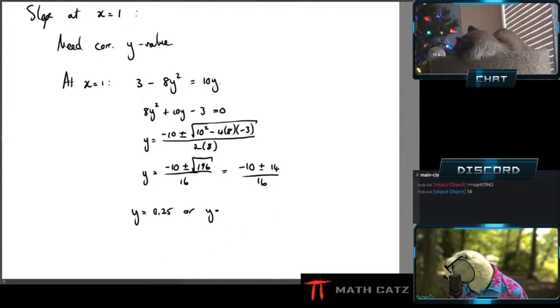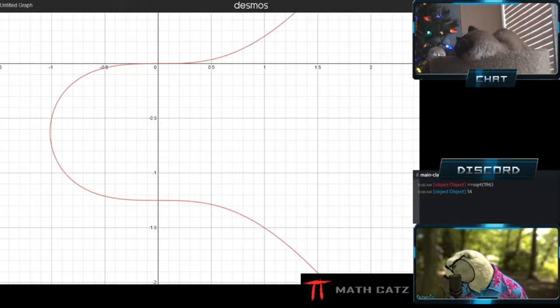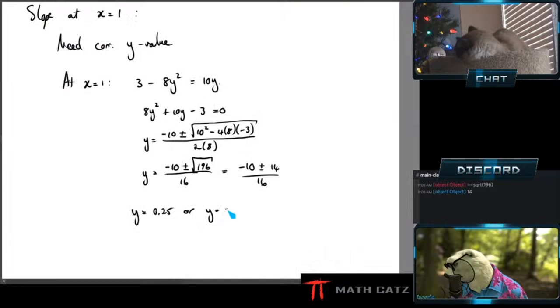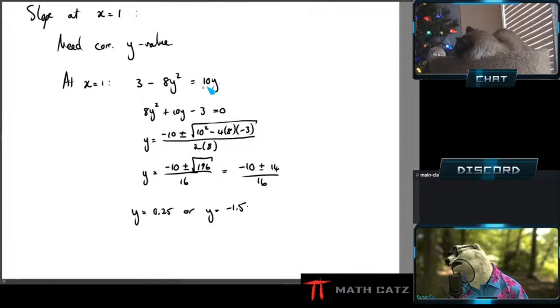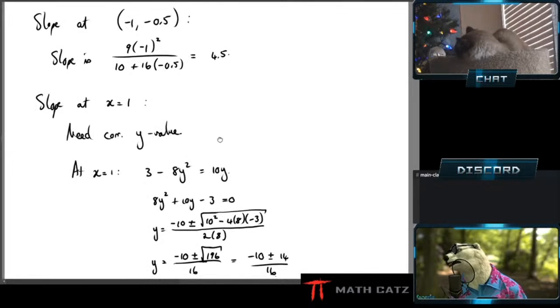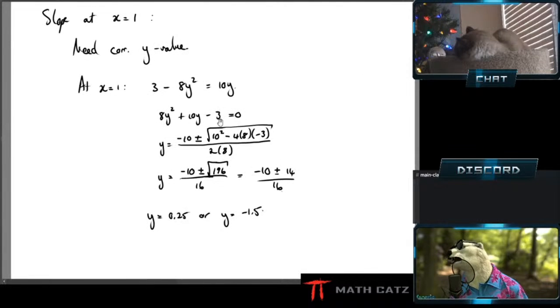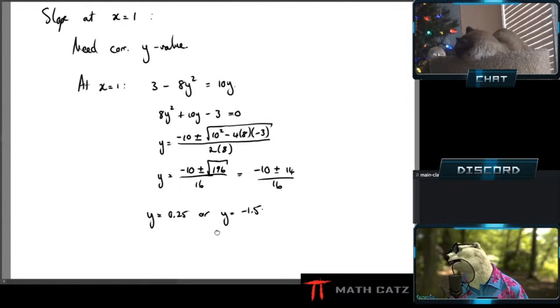Negative 1.5. And of course, it makes sense that I get two y values. It's this top one and this bottom one. It's not a function. For a single x value, I get multiple y values. So they would have had to specify, which one do you want here? Oh, you want both. Okay.